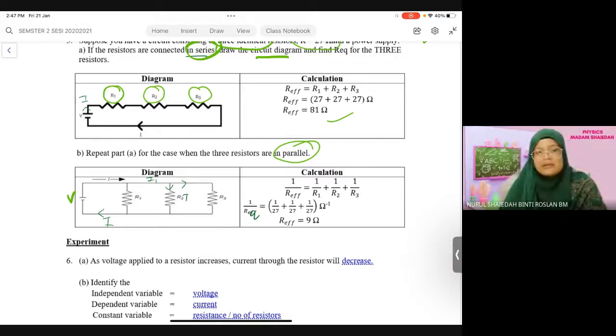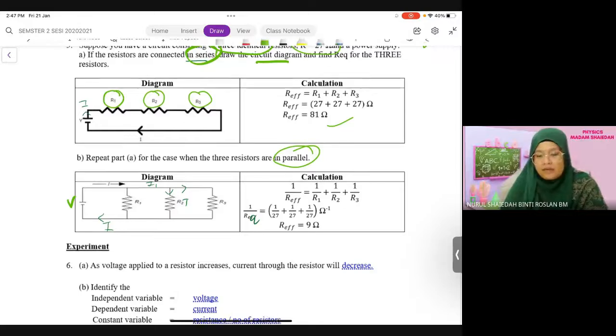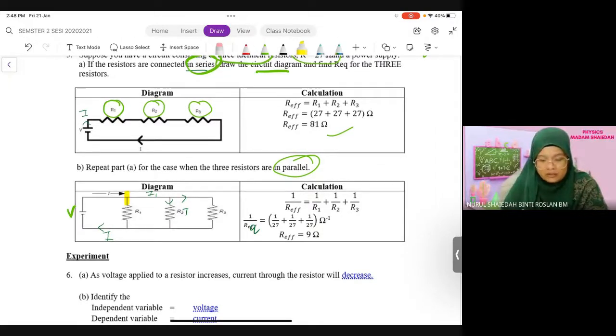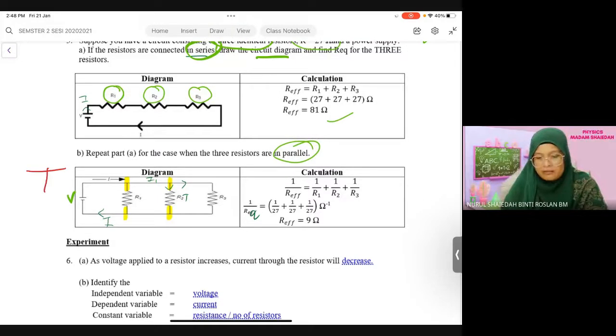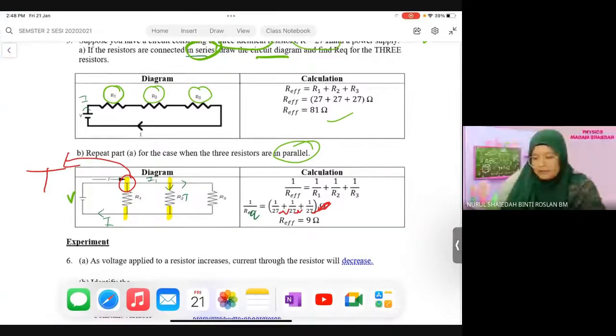To differentiate parallel and series, you have to look at the junction. This is a junction. This kind of point is what we call a junction. So when there is a junction, we are talking about parallel. So for parallel, 1 over R effective or R equivalent is 1/27 plus 1/27 plus 1/27 ohm to the power of negative 1, because the ohm actually sits at the bottom. So what will you get?